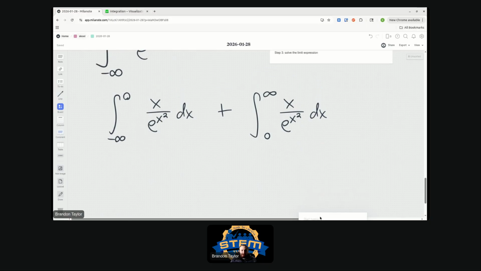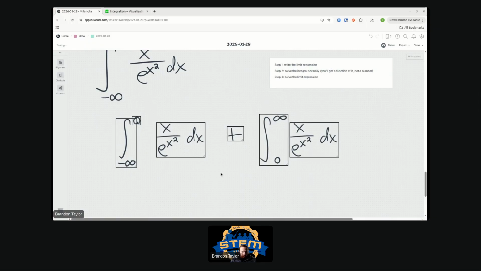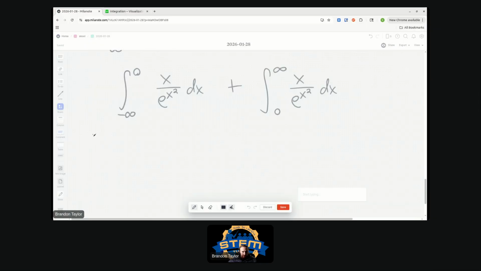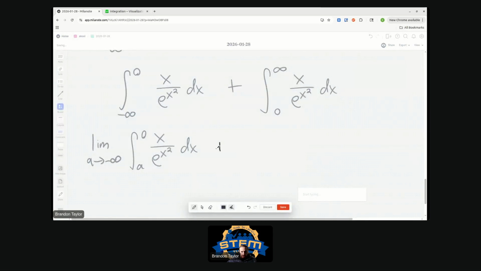You kind of need a step before that. It gets tougher to split, but now it's straightforward because you can treat it as two separate ones, right? This one will be the limit as a goes to negative infinity, and then this one will be the limit, right?